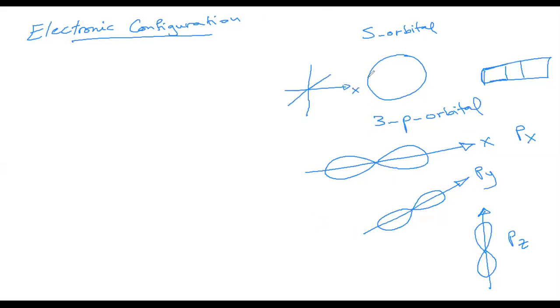If this is x, this is y, and this is z, so you find 3 different orbitals. This is px, which means that the electron is rotating in this direction. Or else you have py, then the orbital of the electron is in this direction, perpendicular to the first, and the third is perpendicular to them both.